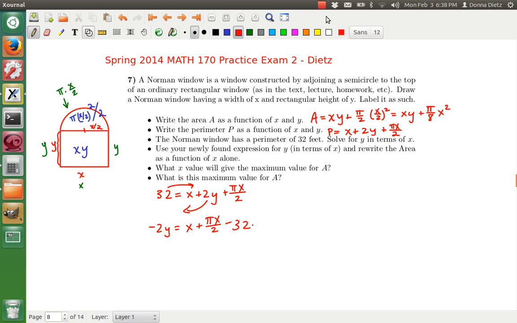And then I guess you divide by negative 2, so flip all those signs. Okay, and then you divide off everything by 2. That's a mess, but technically you've done it. Let's just rewrite it to be a little nicer: y equals minus 1/2 x minus pi x over 4 plus 16.